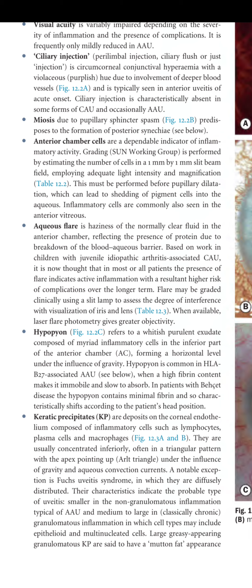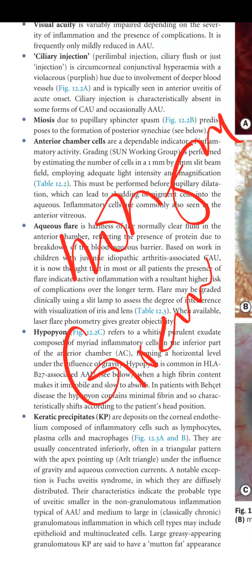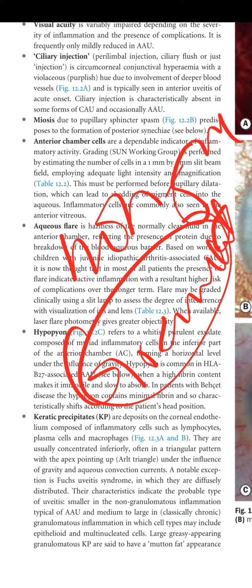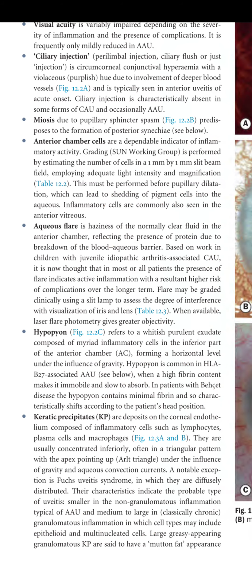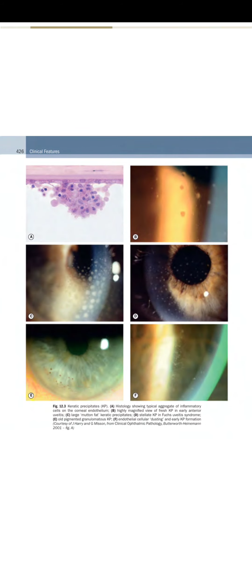So KPs are divided into non-granulomatous and granulomatous. In granulomatous inflammation, the cells are large and contain epithelioid and multinucleated cells. Large greasy granulomatous KPs are said to have a mutton fat appearance.